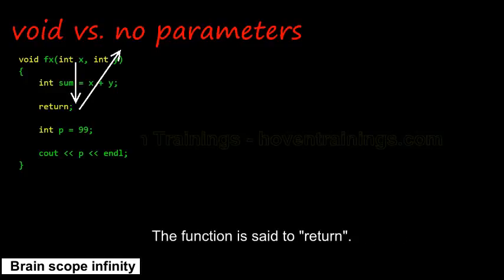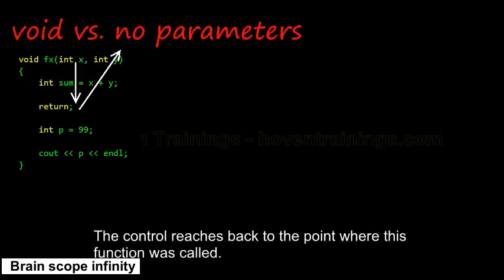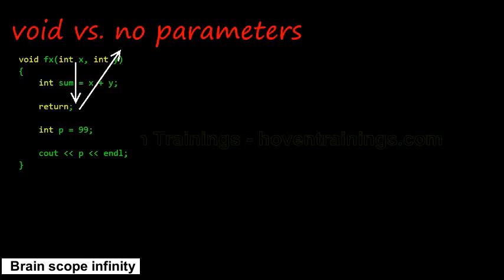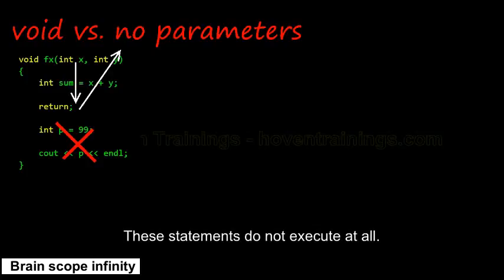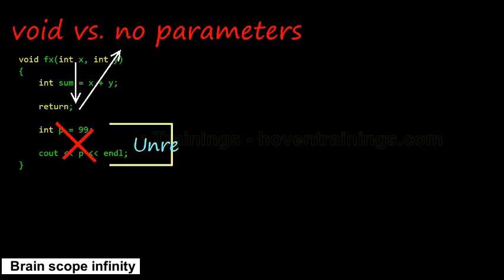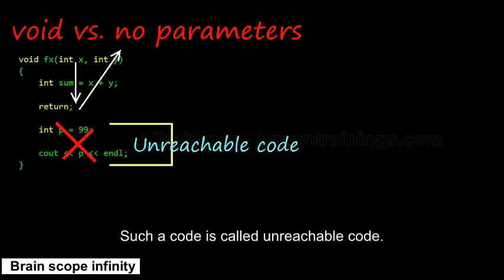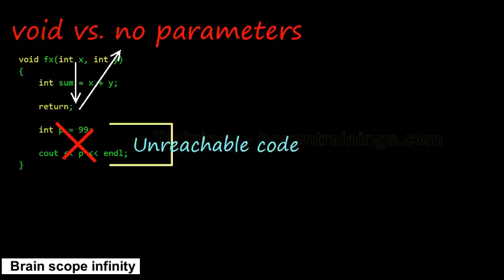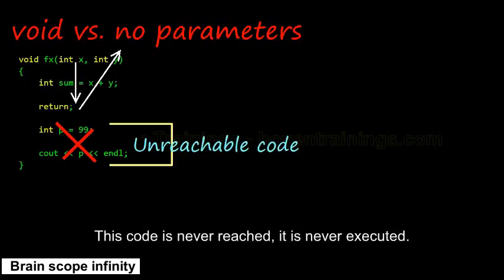The function is said to return. The control reaches back to the point where this function was called. These statements do not execute at all. Such a code is called unreachable code. This code is never reached, it is never executed.